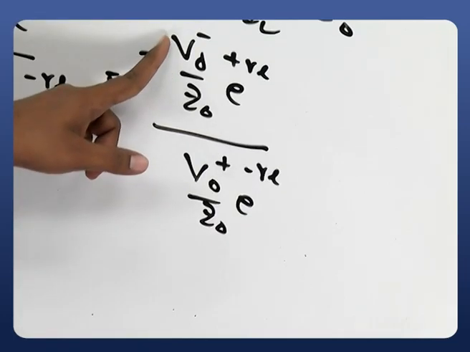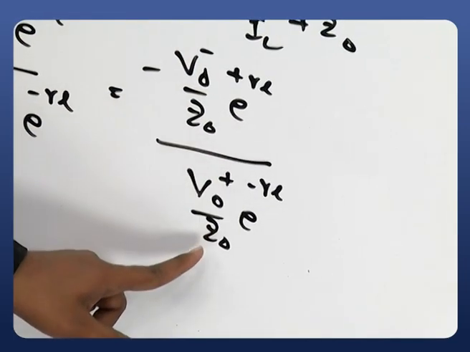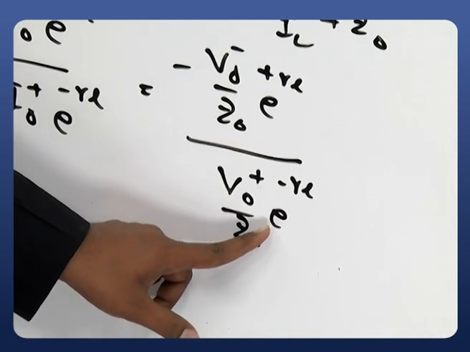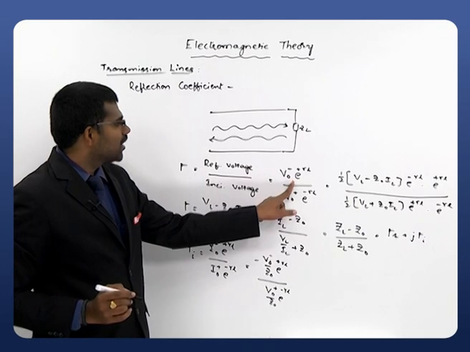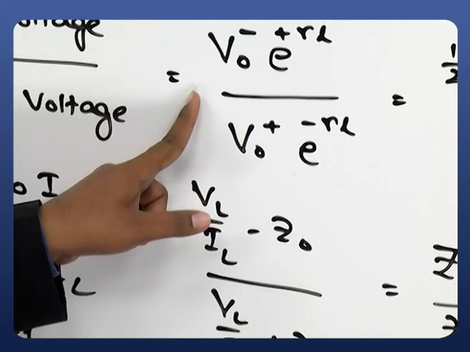Minus of V0 minus e power plus gamma L divided by V0 plus e power minus gamma L. Just observe this term. This term is very much similar to the earlier term with a negative sign over here, right?